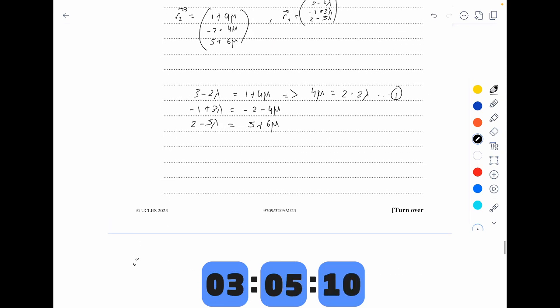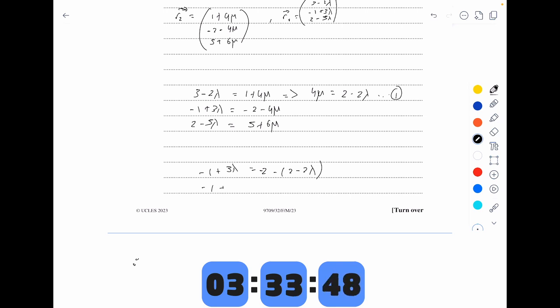So using that, if we plug that in, what we get then is negative 1 plus 3 lambda is equal to negative 2 minus 4 mu, so that's 2 minus 2 lambda. Okay, almost done, 30 seconds. I don't know if I'm going to make it.